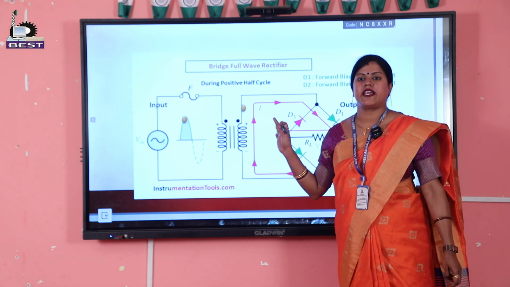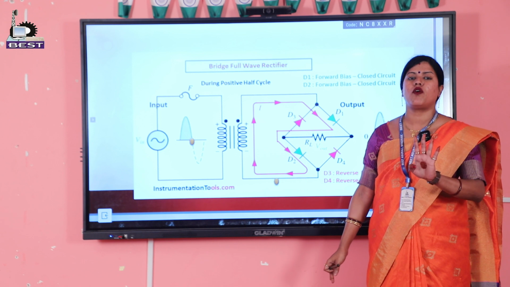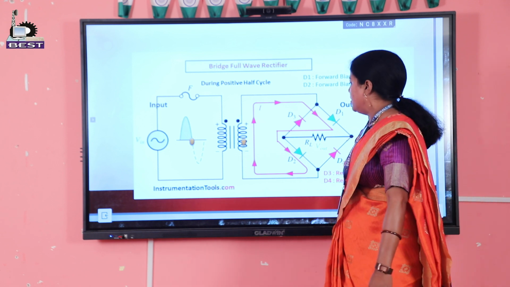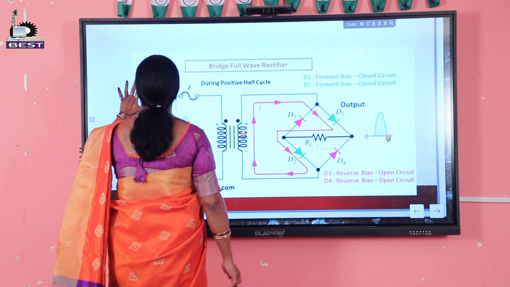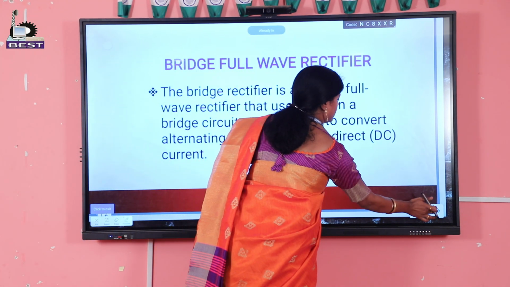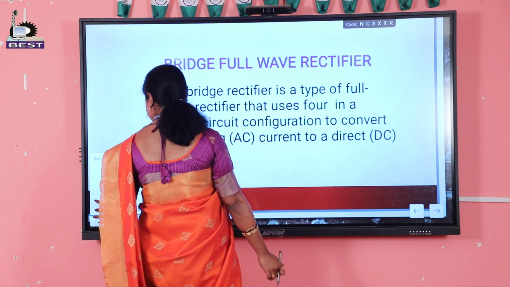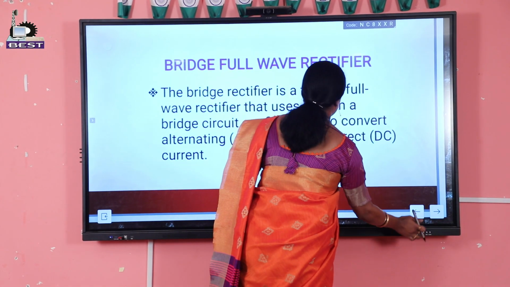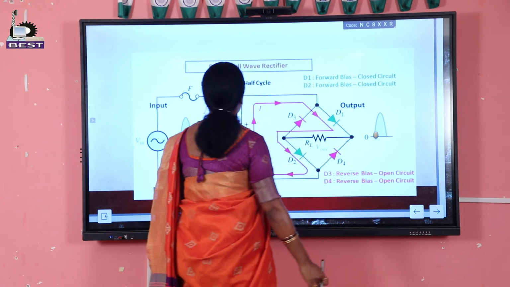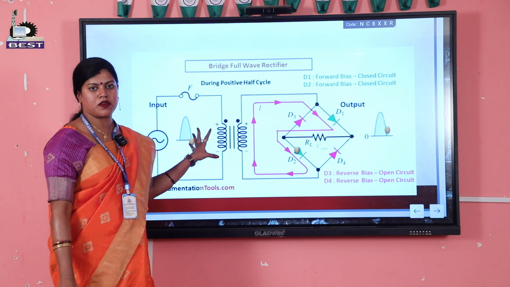In the bridge full wave rectifier, we use 4 diodes along with a step down transformer.